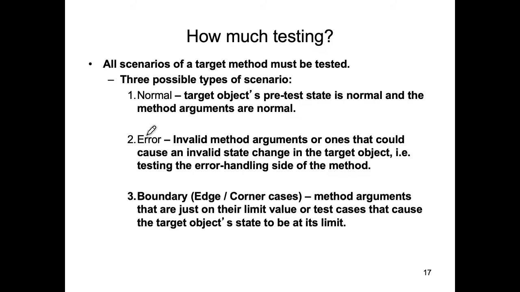Then the second group of test cases that you need to be aware of are what I'm calling error cases. And this is really focusing in on any exception handling that you should have in your target method. If you have exception handling code, then you need to test that that exception handling code is working when it should be working. And that usually results from maybe passing invalid parameters to the method, or the state of the target, or catalog in this case, is in error, whatever that means in the context of the target.